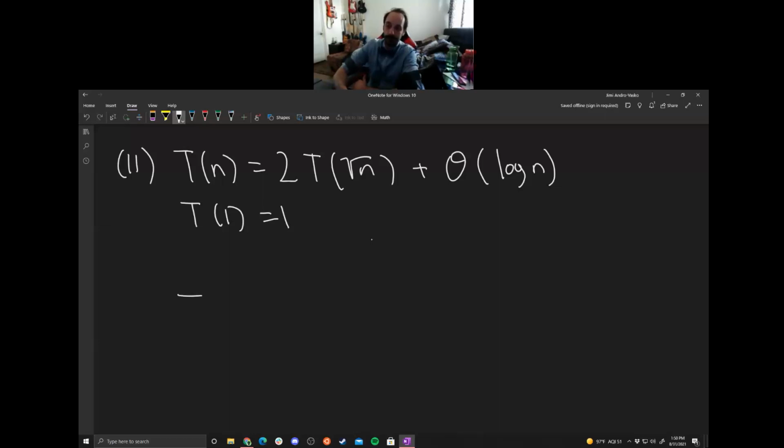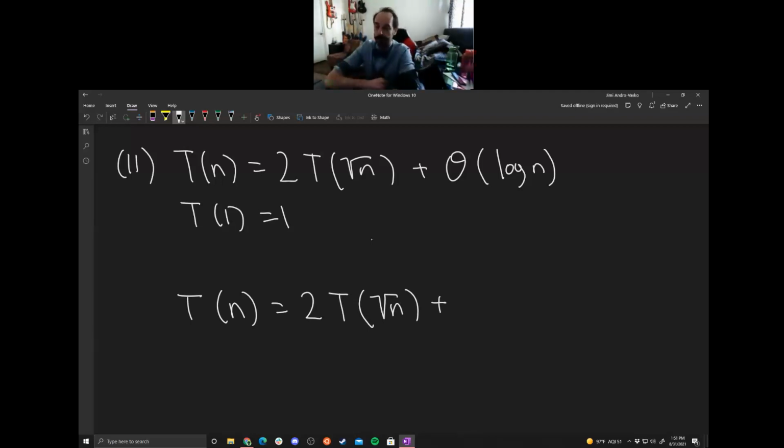Let's go ahead and work on this one. Similar to how we did the last problem, T(n) equals 2T(root n) plus, I'm going to pick any base for my log. Right now I'm going to choose log base 2 of n as my champion. You'll see in a second why, but I could pick any base I want. For theta log n, just pick any log you want.